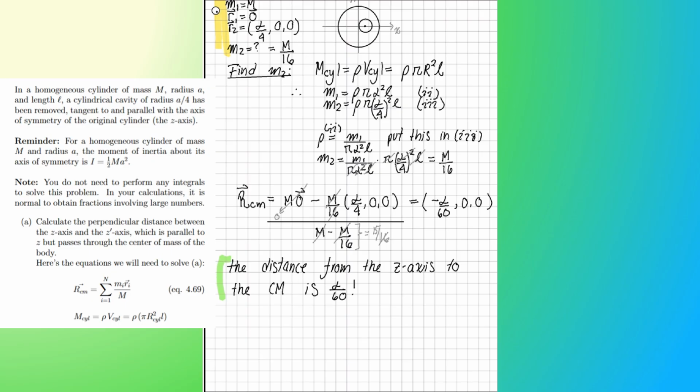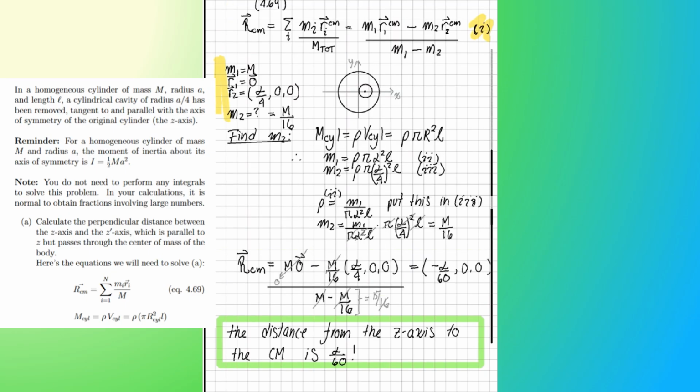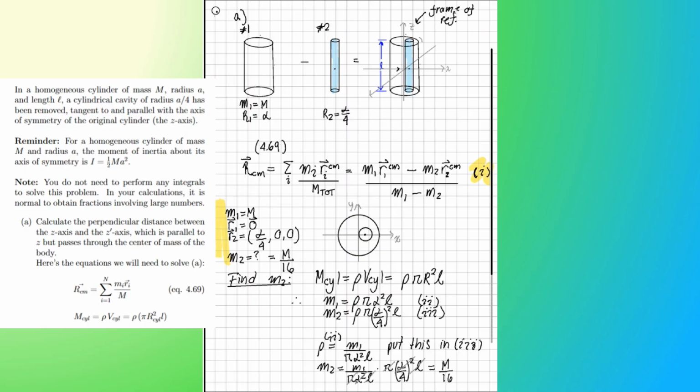We just solved the first question. The trick here is really to use the fact that in the problem it says that we do not need to use any integrals. So we can just use the equation for the vector position of the center of mass and look at the problem as two different solids.